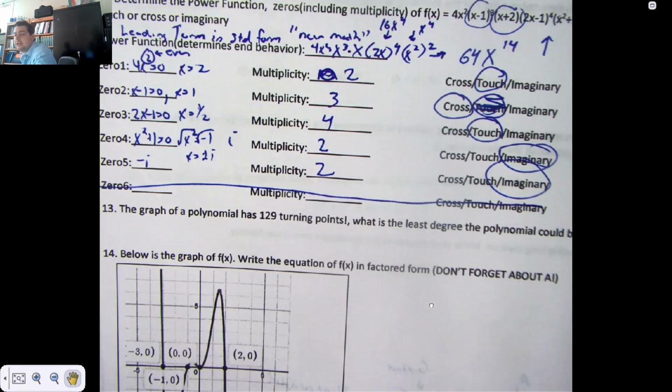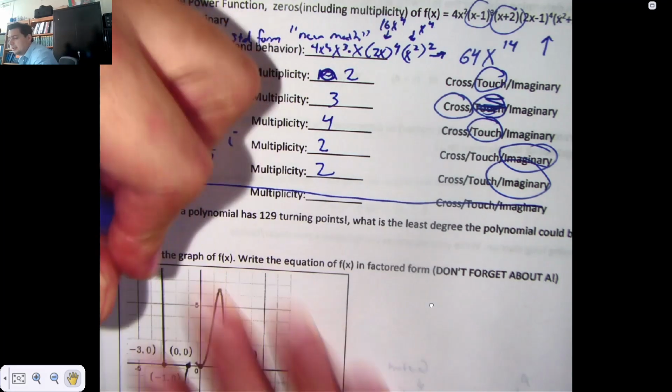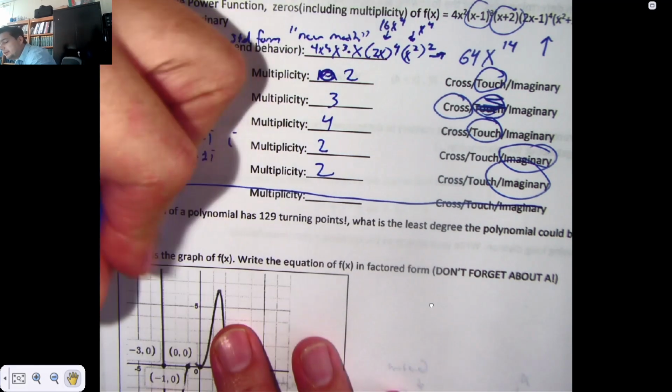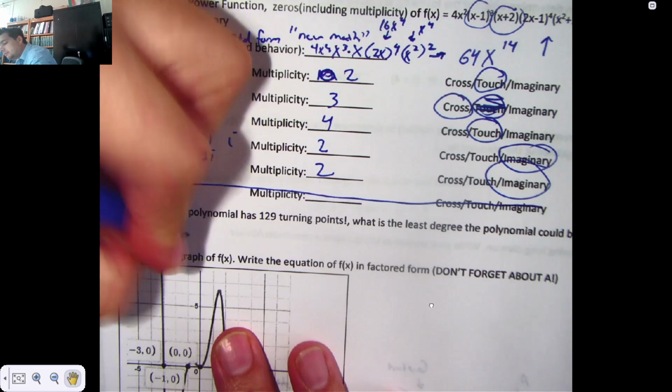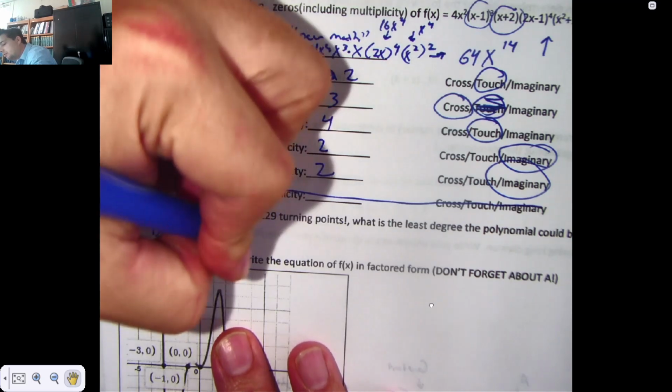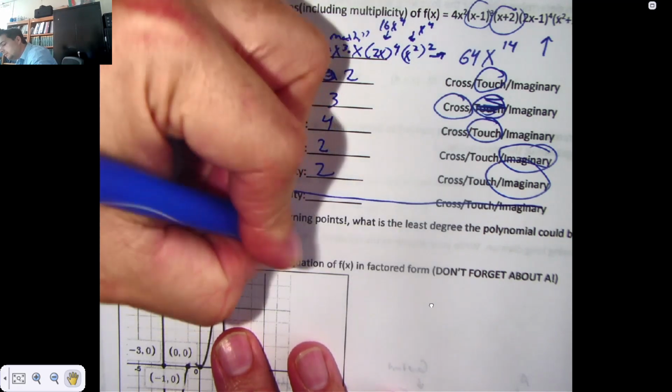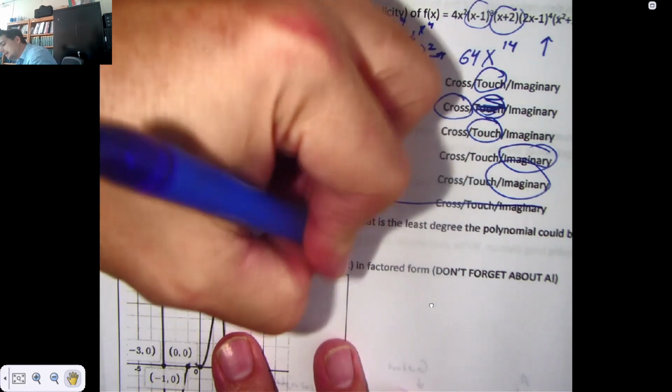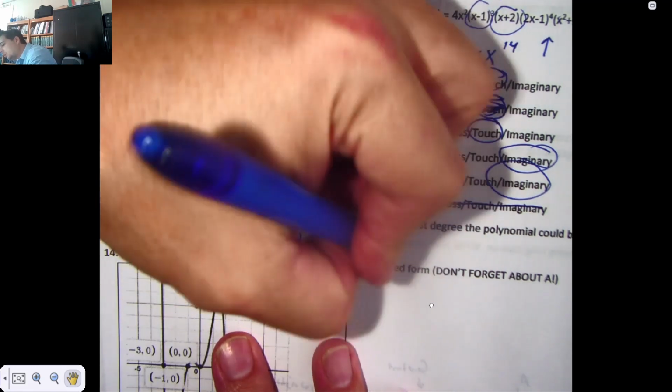13, the graph of a polynomial has 129 turning points. What is the least degree the polynomial could be? So these are also probably from the notes that we do Thursday. It's called the turning point theorem: the degree of a polynomial is at least one more than the number of turning points.